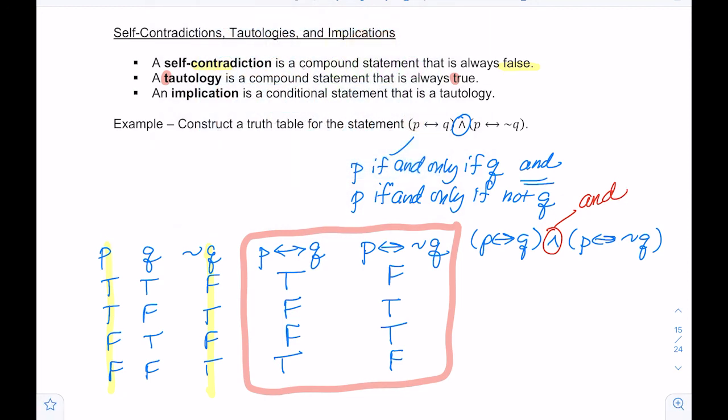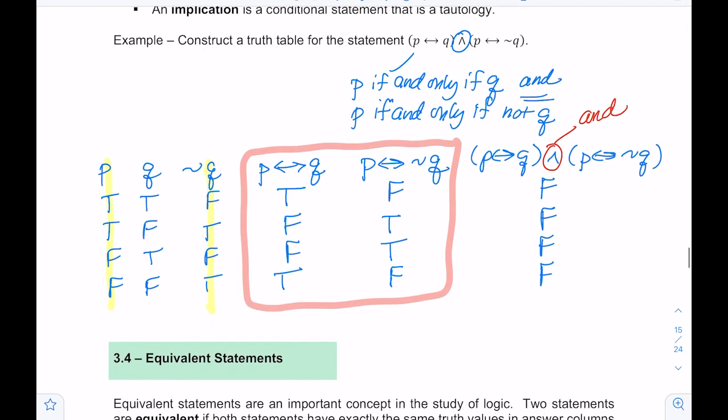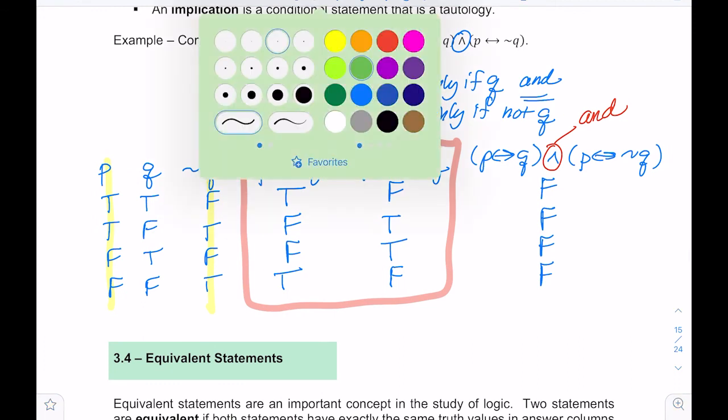So the first line, I have true, false, we know that's false. Here I have false and true, which is false. False and true again is false. True and false is false. Here's my conclusion column.